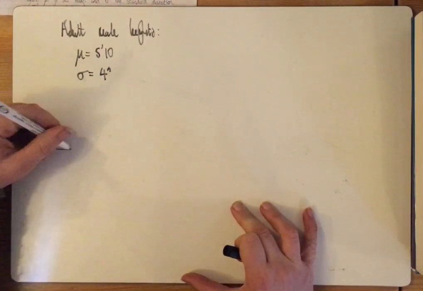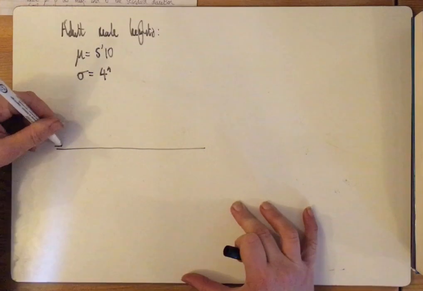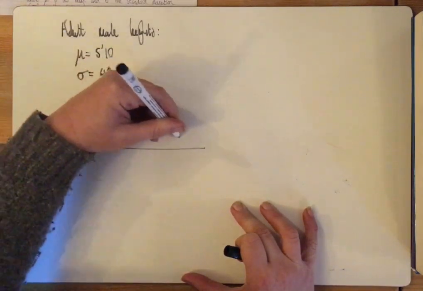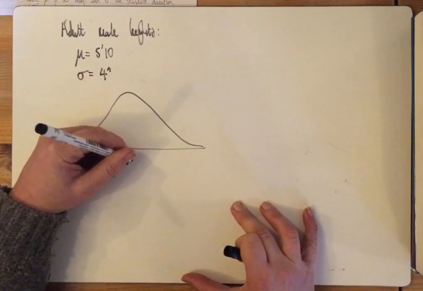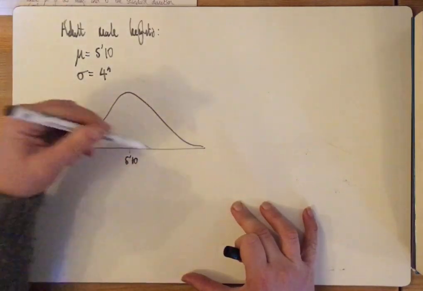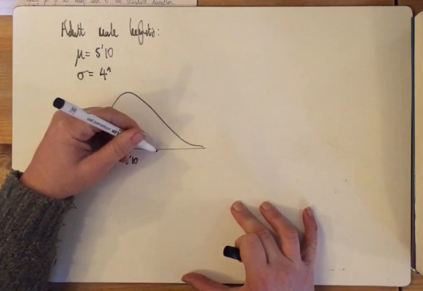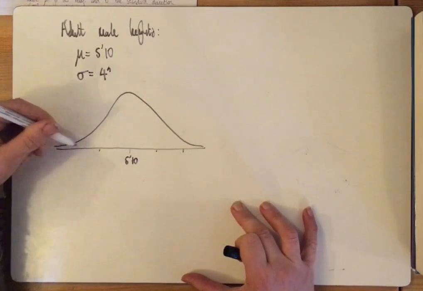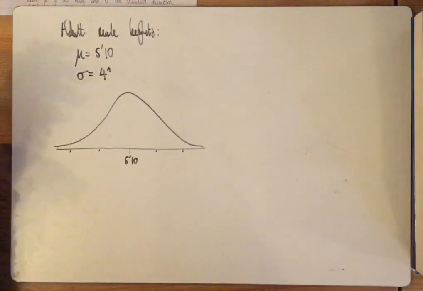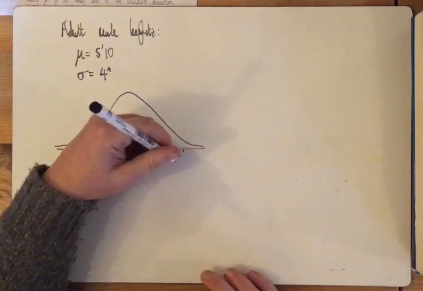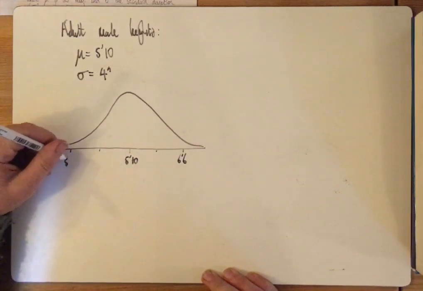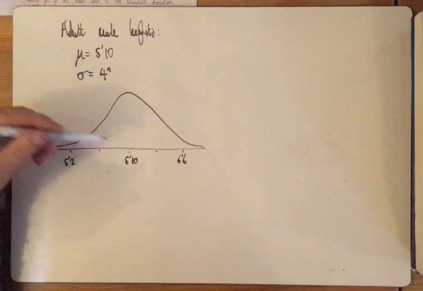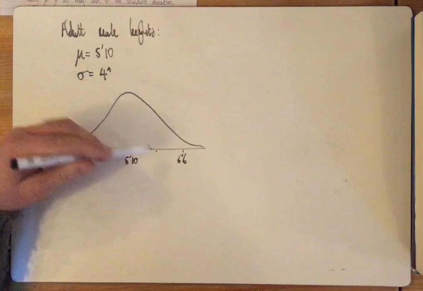And so the way this would look as a normal distribution is you get this symmetrical curve. Mean is at the centre, so that's your 5'10". And then you're expecting 95% of your data to be within 2 standard deviations of the mean. We'll come back to that. So that takes you right up to 6'6", doesn't it? And then down to 5'2".